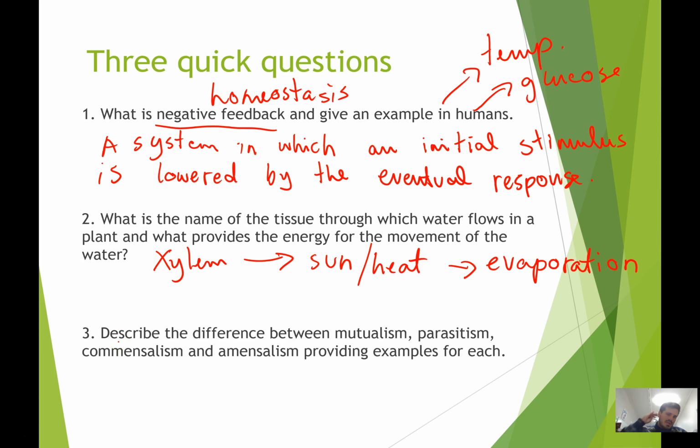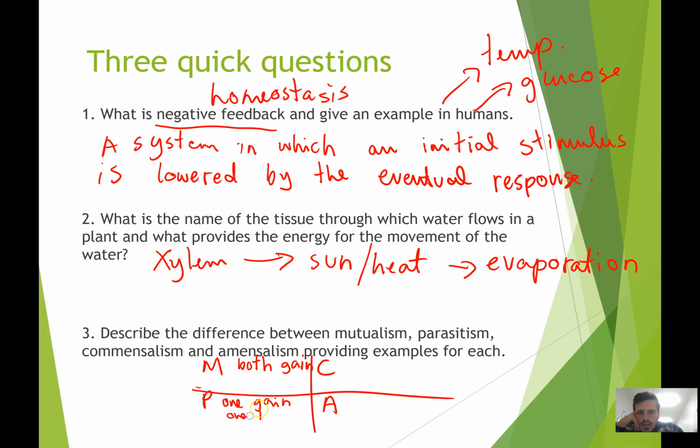Describe the difference between mutualism, parasitism, commensalism, and amensalism, providing examples for each. Okay, let's go to the difference. Let's go mutualism, parasitism, commensalism, and amensalism. All right, mutualism, both gain, and by that I mean both organisms that are involved gain. All right, parasitism, one gains, one loses.